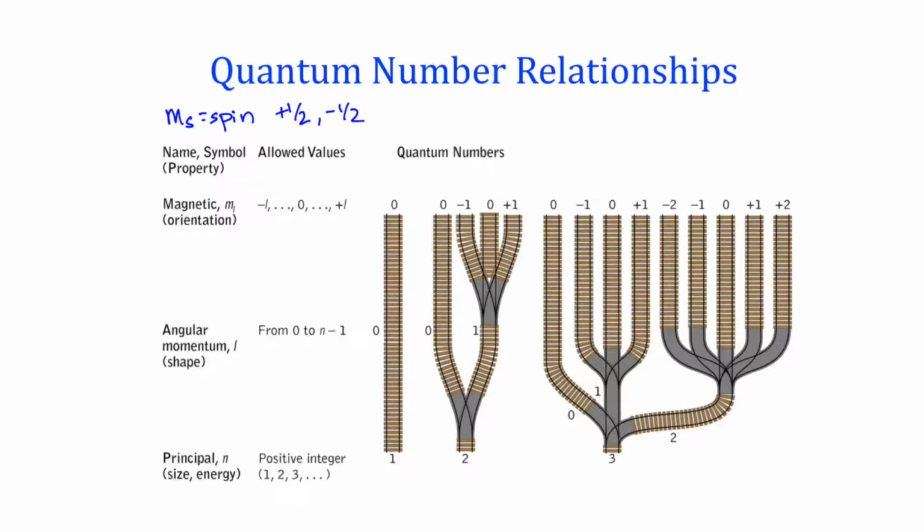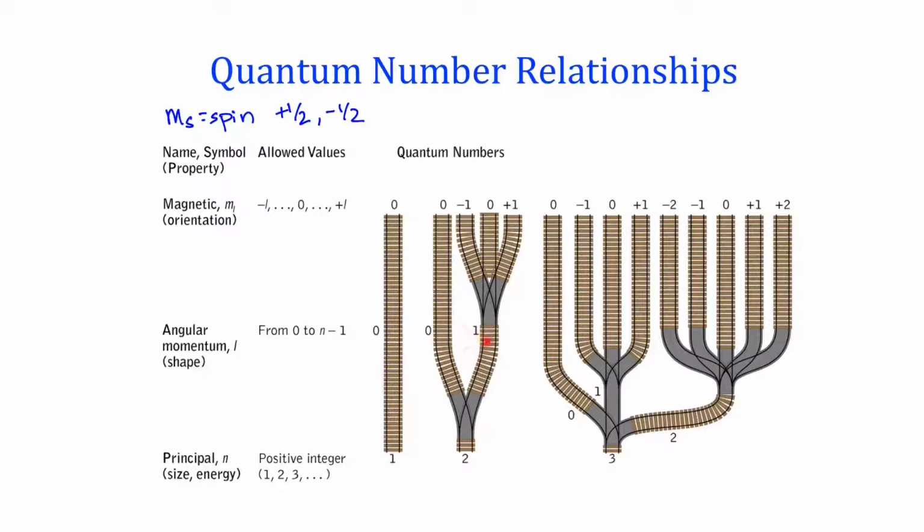So for each orbital that you end up with, all of these options that we terminate with here represent an individual orbital. So this would be an s orbital. Whenever you have an L equals 0 option, you have an s orbital. Here's another s orbital.